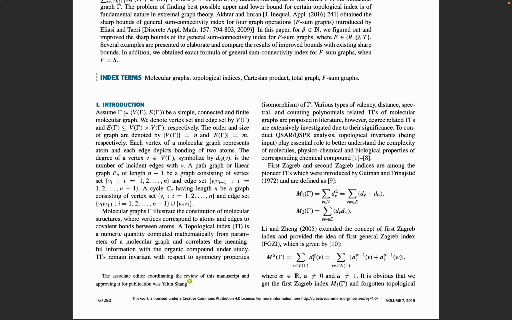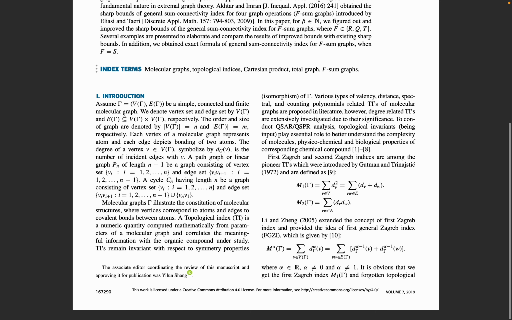The order and size of the graph are denoted by the cardinality of Vt equal to n and the cardinality of Et equal to m respectively. Each vertex of this molecular graph represents an atom and each edge depicts the bonding of two atoms. The degree of the vertex v, symbolized by d(v), is the number of edges incident with v.